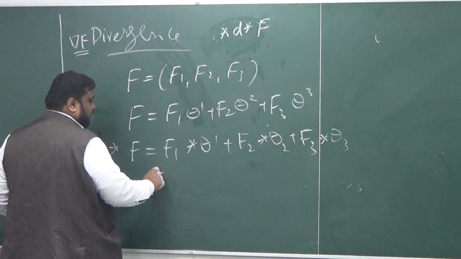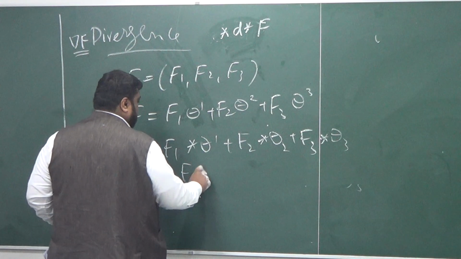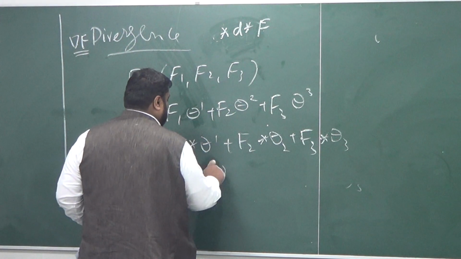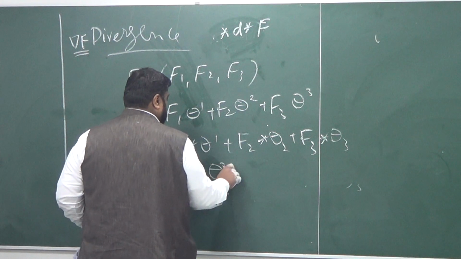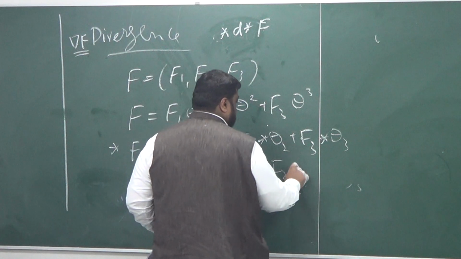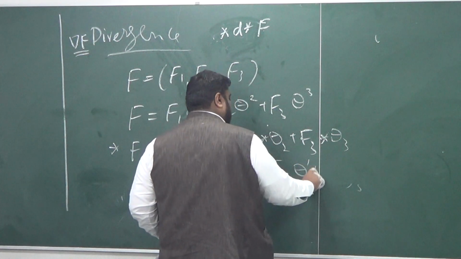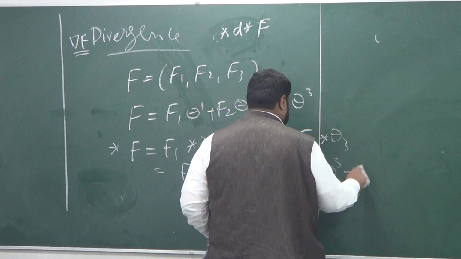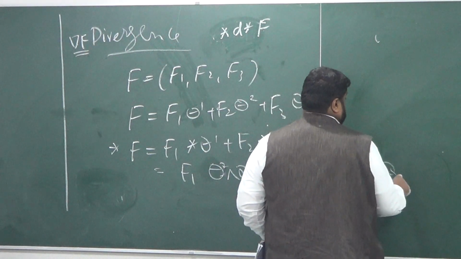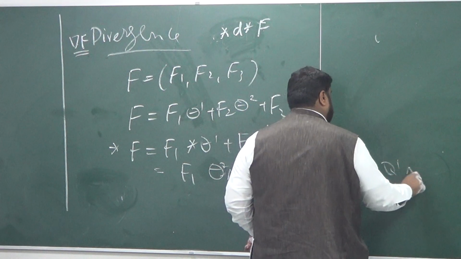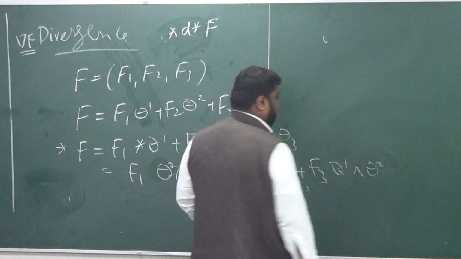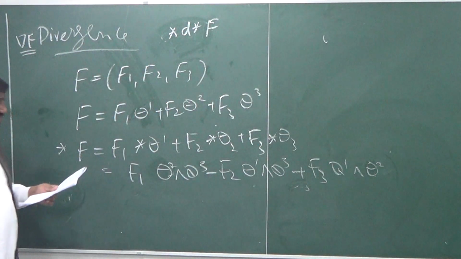So this would be the same as F1 theta 2 wedge theta 3 minus F2 theta 1 wedge theta 3 plus F3 theta 1 wedge theta 2 wedge. Okay, so you get it.